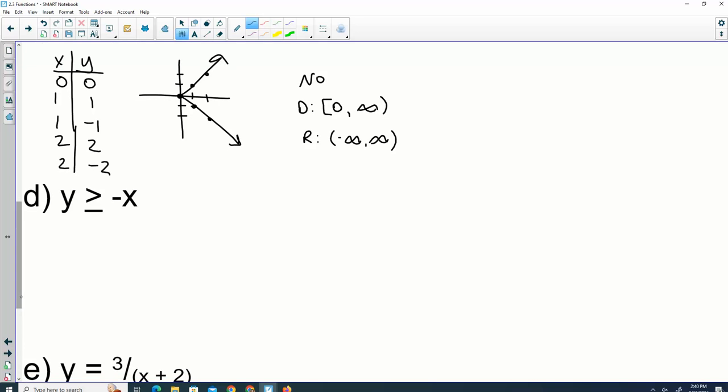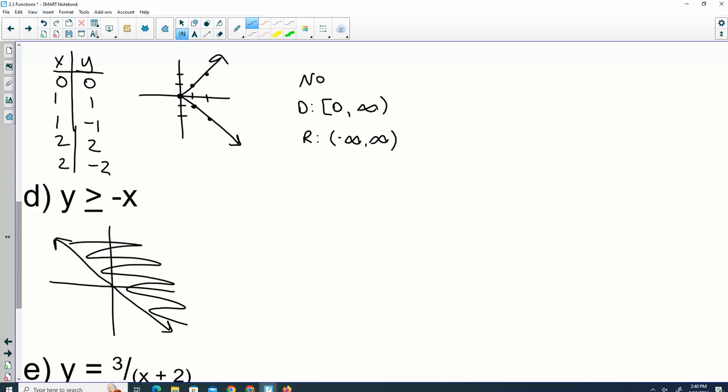D. Any concerns with looking at this? What's different about that one? The inequality. If you just graph y equals negative x, that's just a line. Slope negative 1, y-intercept is 0. But when you have an inequality, what does that do? It shades. So we're doing these problems to kind of pick out things that make it not a function.